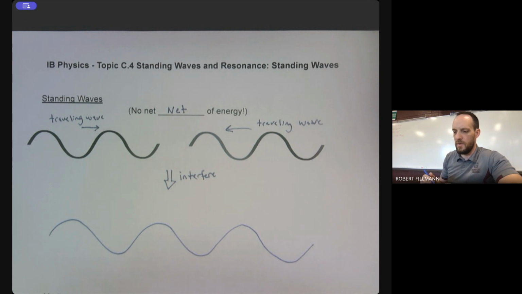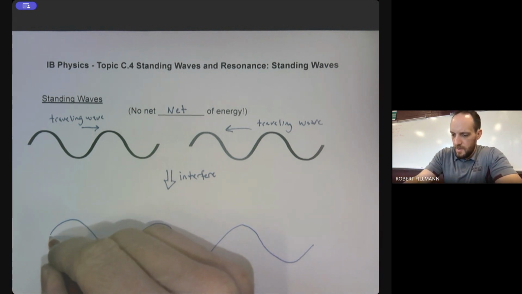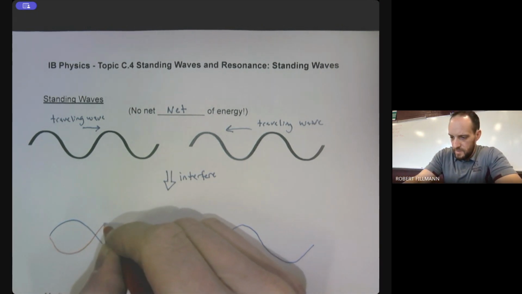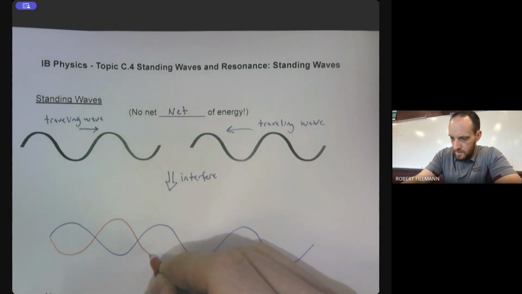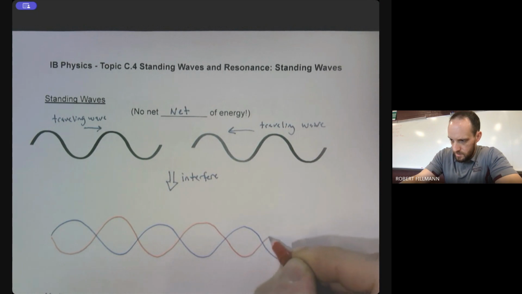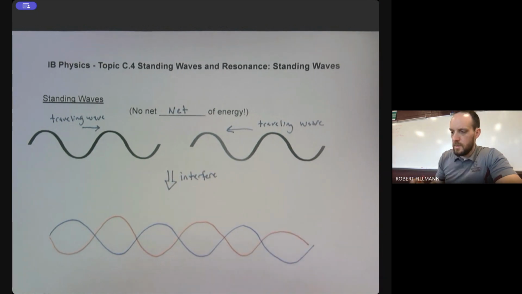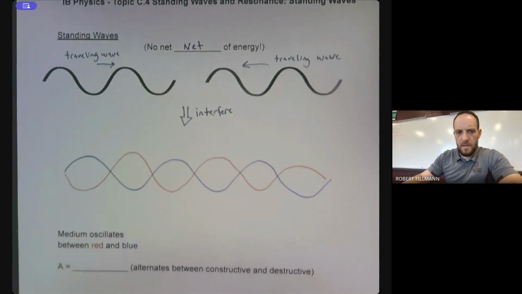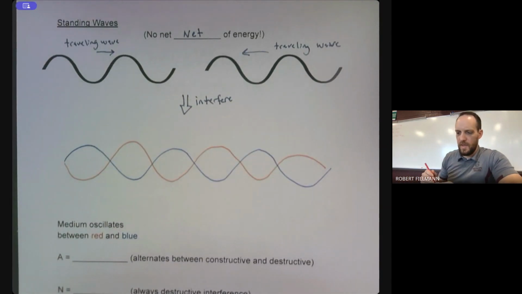We'll use the blue color right there. At one moment, the medium is going to look something like this as the two waves overlap each other. And then a moment later, it's going to flip. It's going to become basically the opposite, looking something like this. So we can see that the pattern is flipping between the red and the blue.